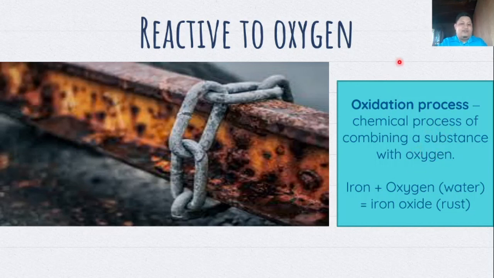Since water contains oxygen molecules, whenever it is exposed to iron, it will undergo a chemical reaction to produce iron oxide, also known as rust. So whenever iron is exposed to oxygen, there will be the yielding of iron oxide or rust.